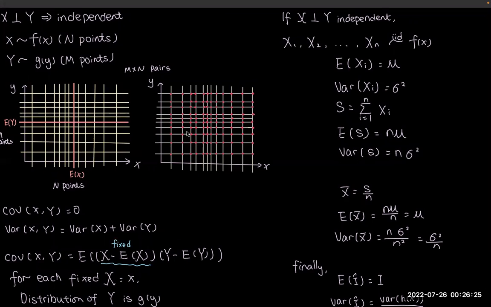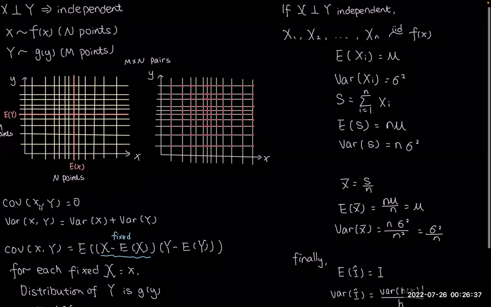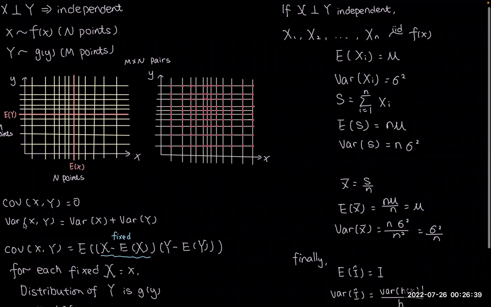This forms a population for the points xy, right? And for that independent scenario, covariance of xy equals 0, so that the variance of x plus y equals variance of x plus variance of y. The reason covariance of xy equals 0 is that we know the covariance of xy equals the population average of x minus E x times y minus E y.